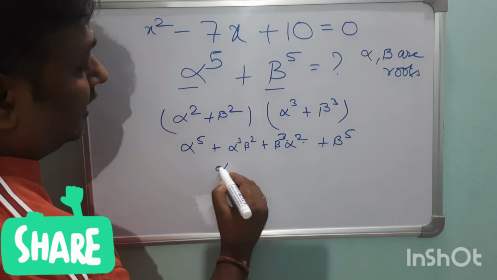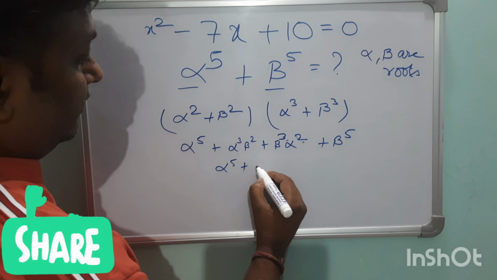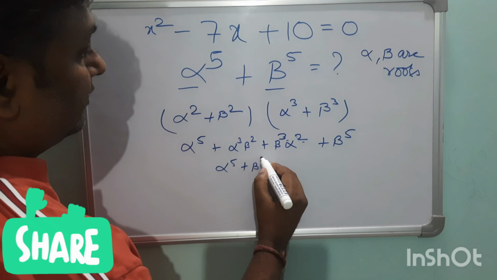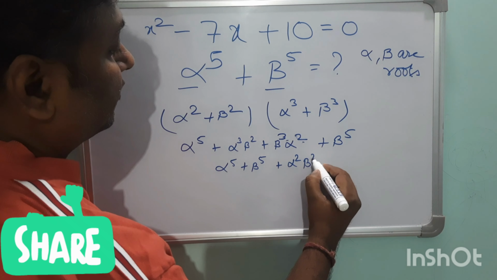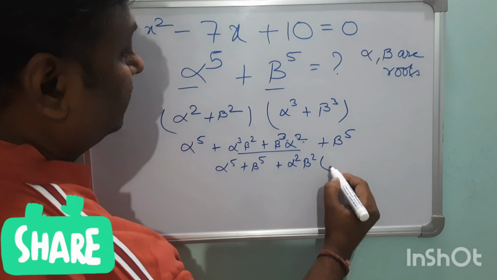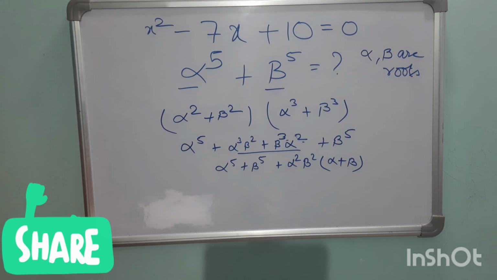So now we want this, and so we can say that if I take out alpha square, beta square from these two, this is what we will be getting.